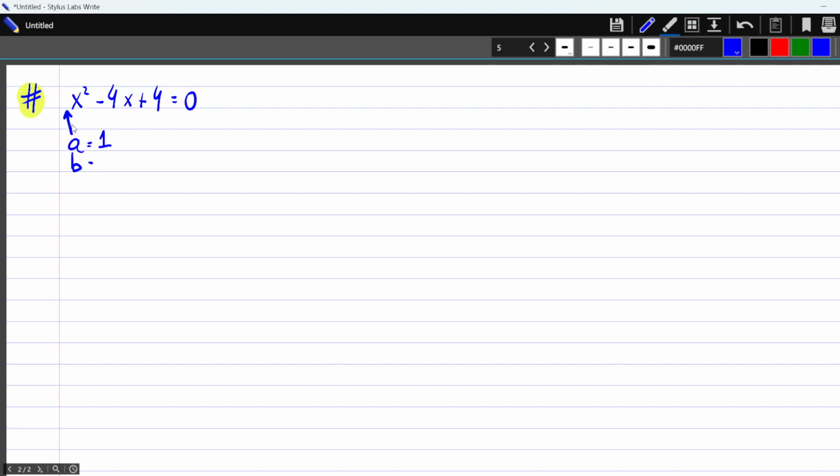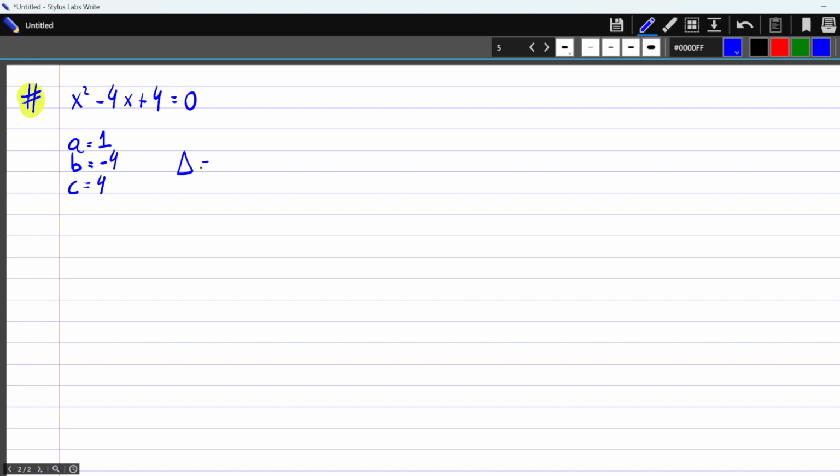They are not x or x squared or anything like that. They are not unknowns. So b is minus 4. And c, can you tell what c is? If you said plus 4, to be exact, you are correct.